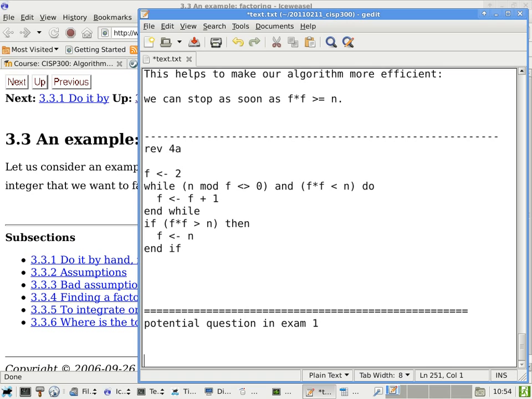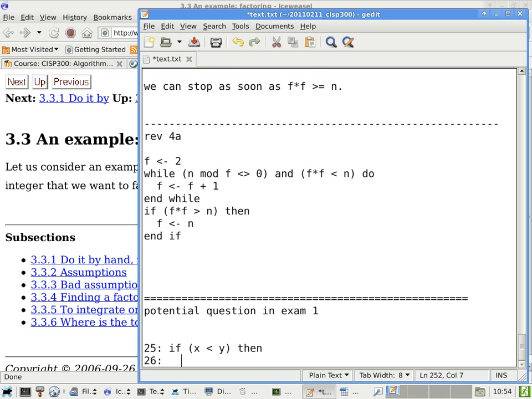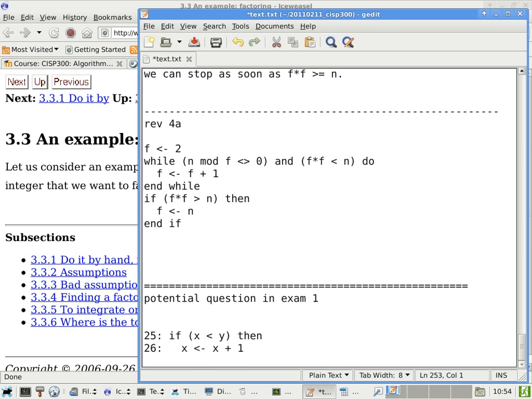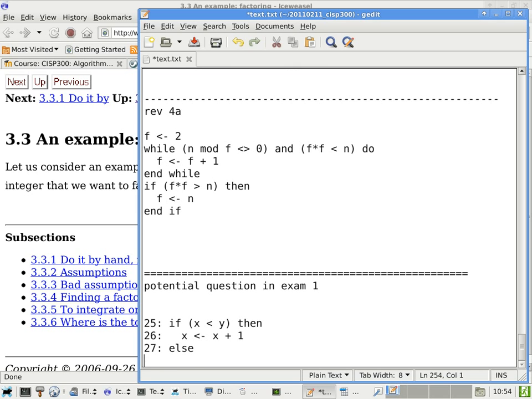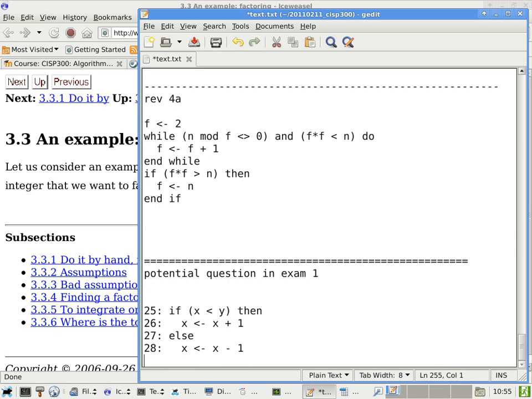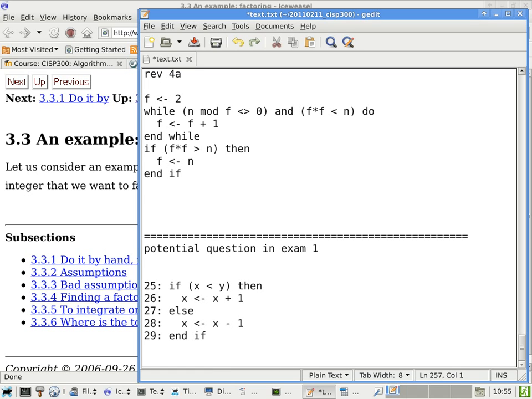We have a program starting with, let's say, line 25: if x is less than y, and line 26, x gets x plus 1. And then on line 27, else. And on line 28, x gets x minus 1. And then on line 29, we have end if. Fairly simple conditional statement.